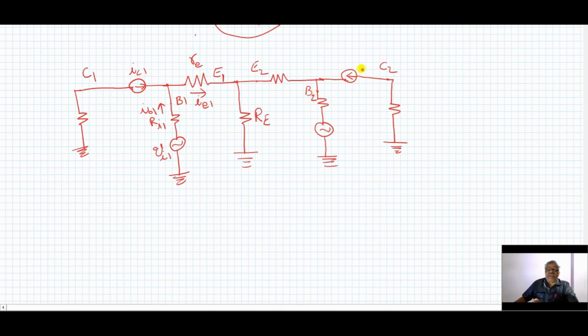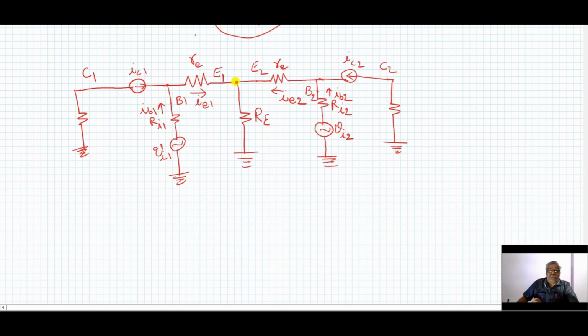The current flowing through this collector is IC2. And this is input signal given at base 2, Vi2, and the corresponding internal resistance is Ri2. Current flowing through this is IB2, and current flowing through this emitter resistance, this is RE for the second transistor, in this direction is IE2.